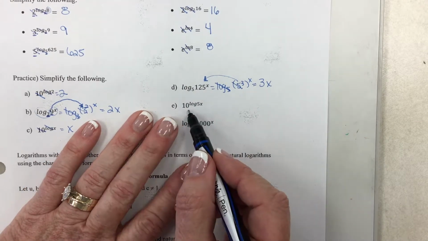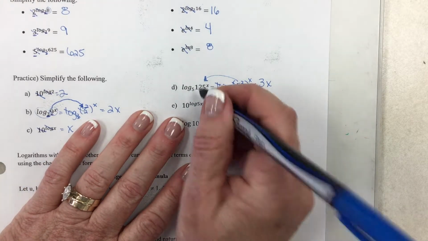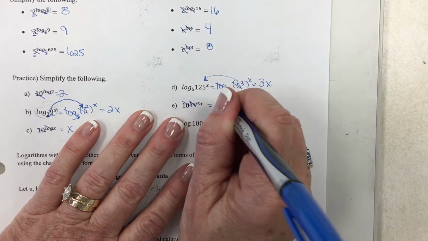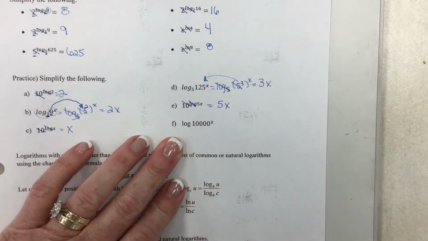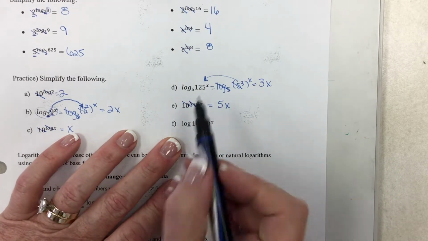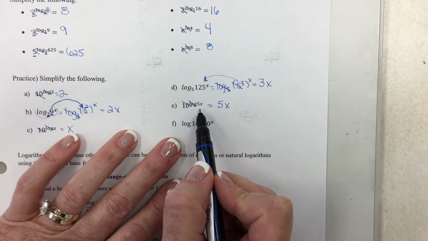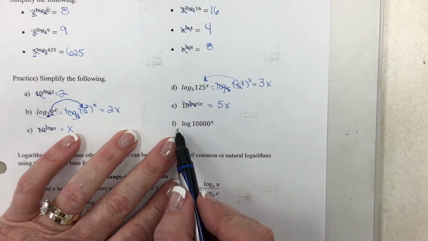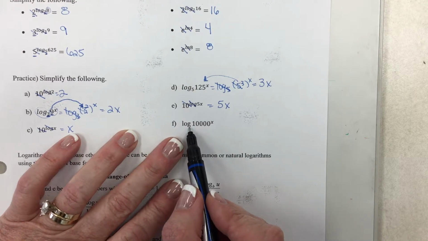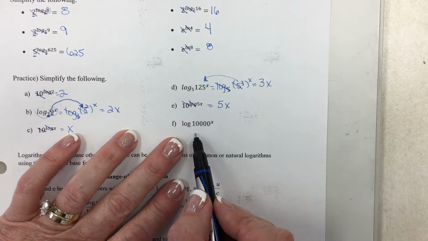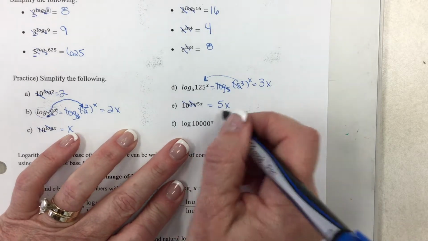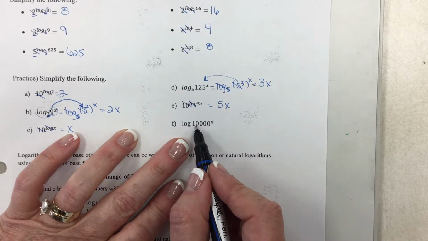Okay? Base 10, common log, left with 5x. Because that common log has a base of 10. We just don't write it. F has a base of 10, but the argument is 10,000.